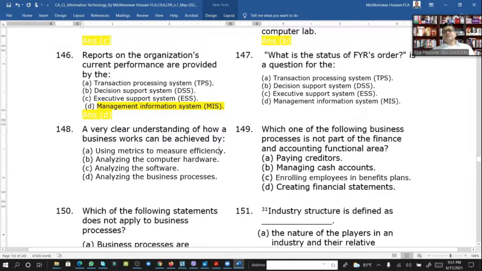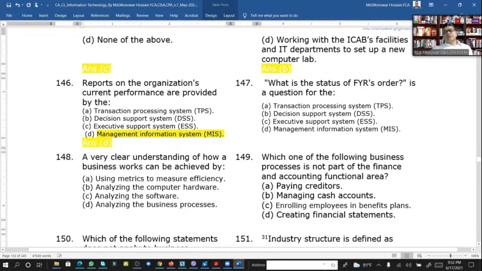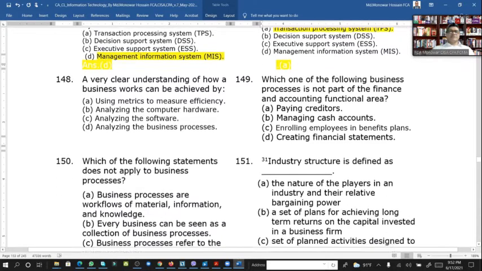And what is the status of one company's order in question? That means order would be the transaction processing system. Here the key point is order. Order goes through the TPS.